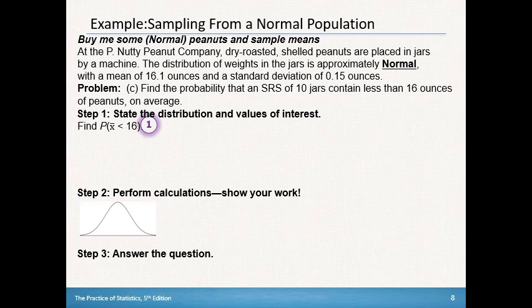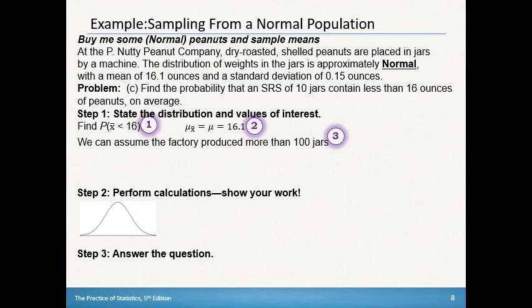So what is it that we're looking for? Finding the probability that the average X bar for our sample of 10 is less than 16. All right, the second one, let's find the mean. The mean of the sampling distribution will be equal to the mean of the original population distribution, and we know that because X bar is an unbiased estimator. We want to look at what the standard deviation of our sampling distribution would be.